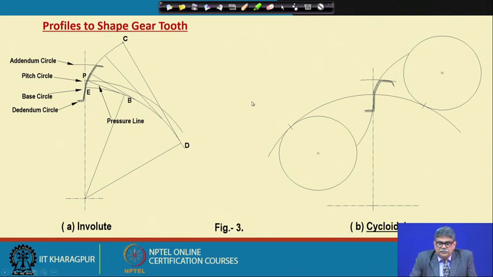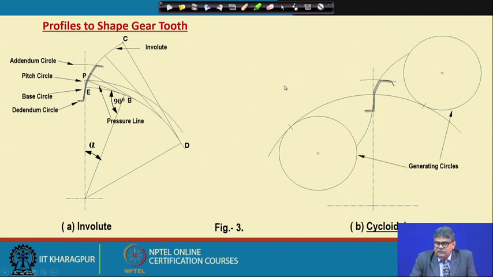Now, this is the involute, this angle is 90 degrees, and this angle alpha is called the pressure angle. If another gear is mating, then this line will touch the base circle of the other gear, and this would be the line of action and this the pressure angle.